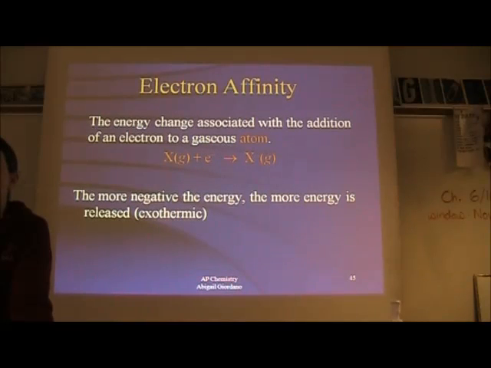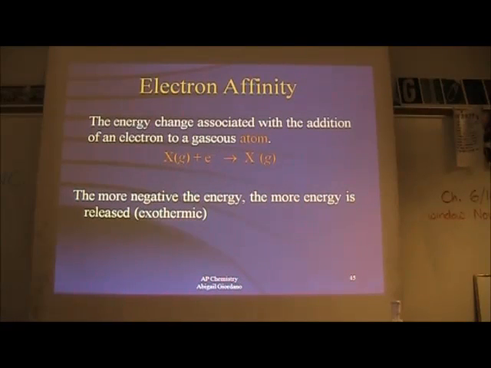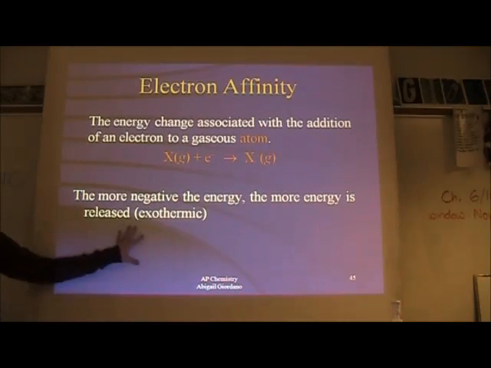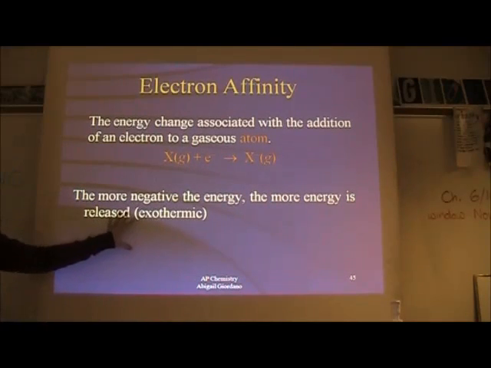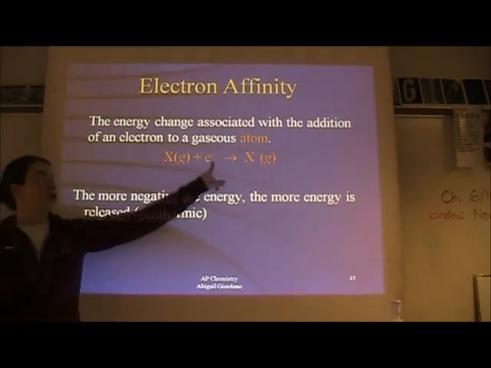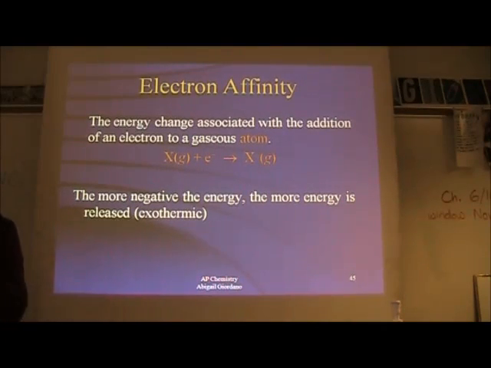Why would the halogens like that? Yeah, that would leave them with a full energy level. So the halogens have very, very exothermic, very negative electron affinities, because that's a situation they would really, really like to have.